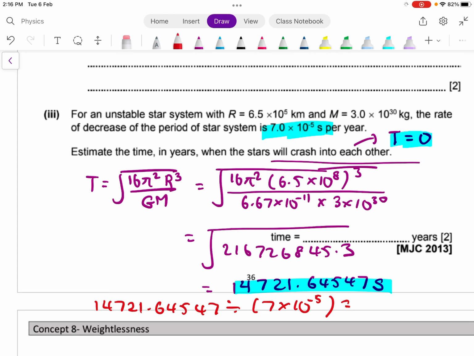This will give you roughly 210,309,221 years. It's about 2.1 times 10 to the power of 8 years. The so-called binary stars will crash into each other. So that is how we attempt this question.